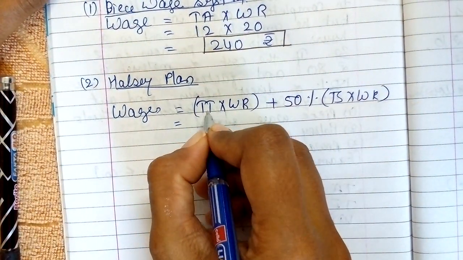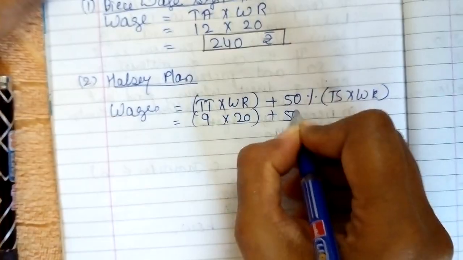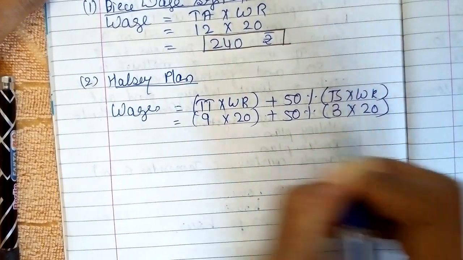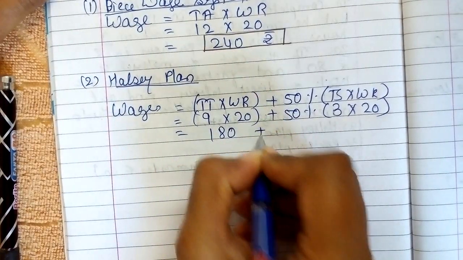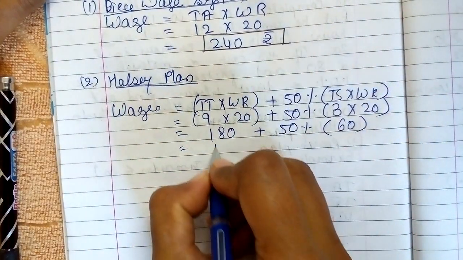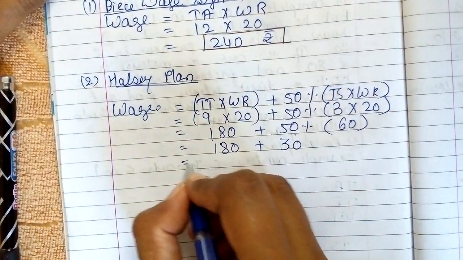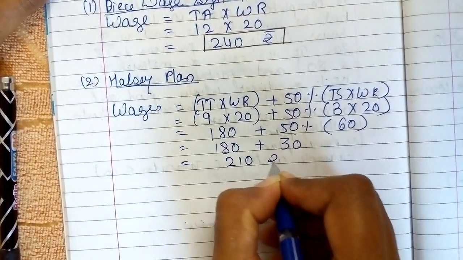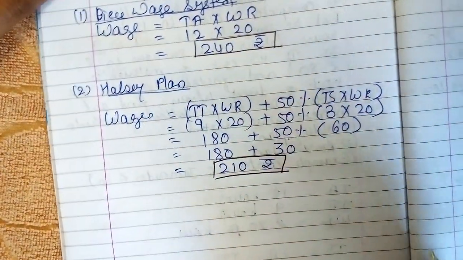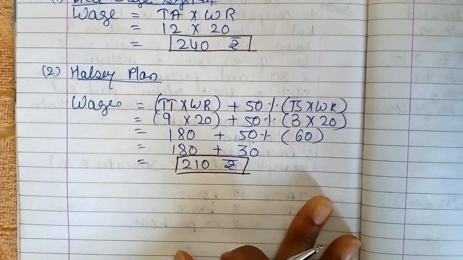So time taken was 9 hours, wage rate 20, plus 50% of time saved, which was 3 hours, into 20. So 180 plus 50% of 60. So 180 plus 30, since 50% of 60 is 30. So wages as per Halsey plan is 210 rupees. So wages as per piece wage was 240 and wages as per Halsey plan is 210.